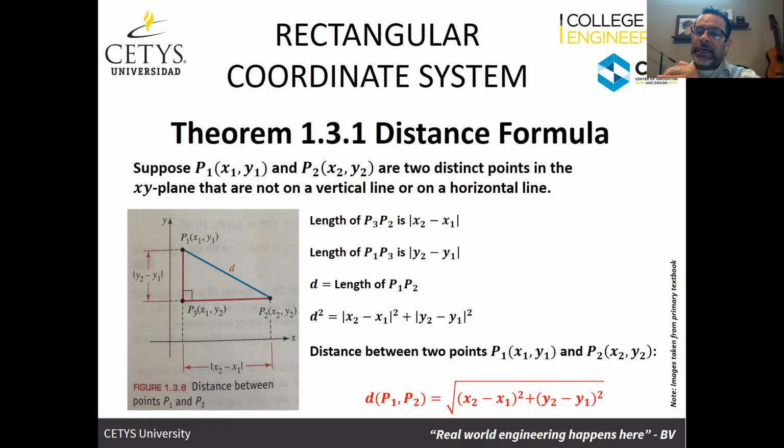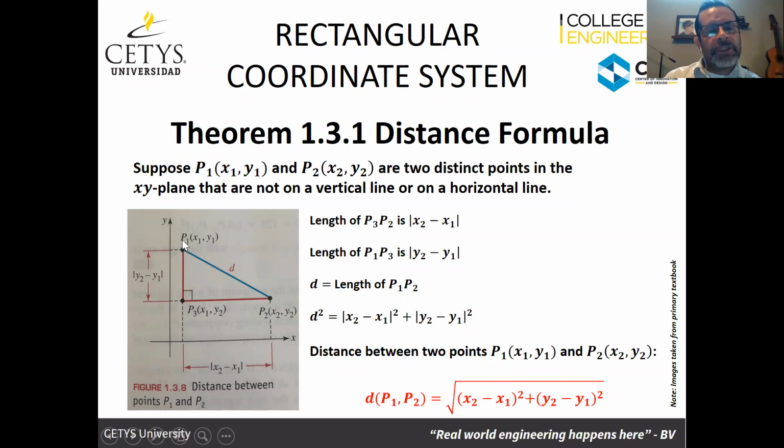And so what we do is that we do an extrapolation of the distance formula for 2 points in 1 dimension, and we take that to 2 dimensions. And actually what we get in the end is a version of the Pythagorean theorem.